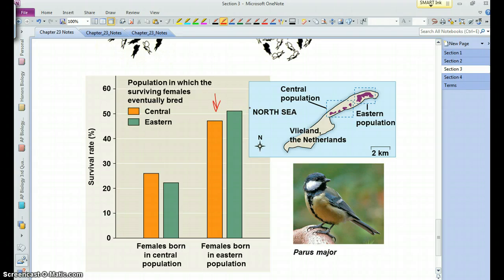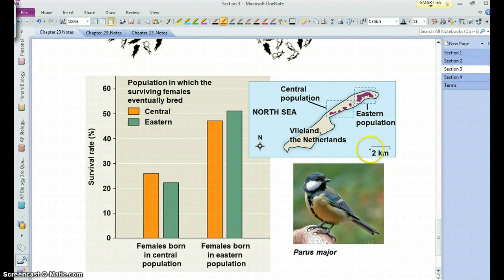And on the other side of the coin, if you take individuals from the eastern population and put them in the central, they do not do as well. What they think is going on in this system is that you have migration of birds from the mainland primarily to this central population, and that is continuously altering the gene pool of this population such that they just do not have the right combination to survive very well, whereas out here, where they're relatively isolated from this flow from the mainland, and also there's really no flow going this way, they have better adapted to the local conditions and therefore survive.